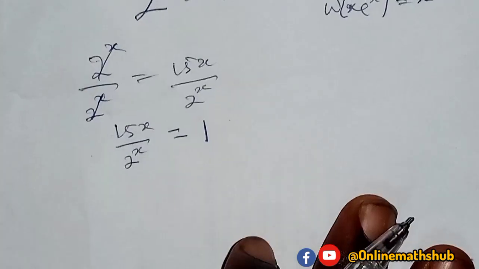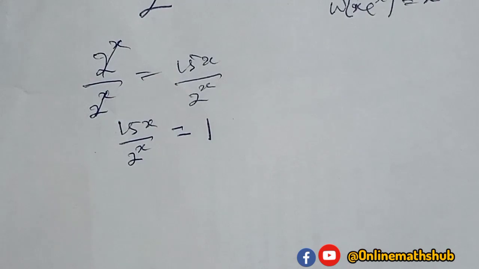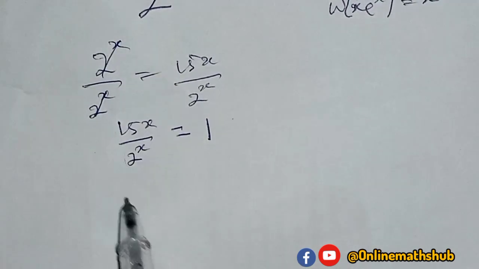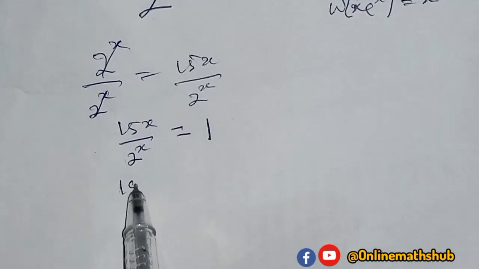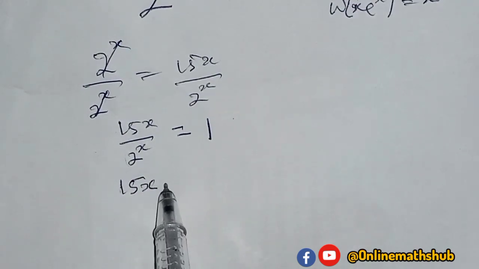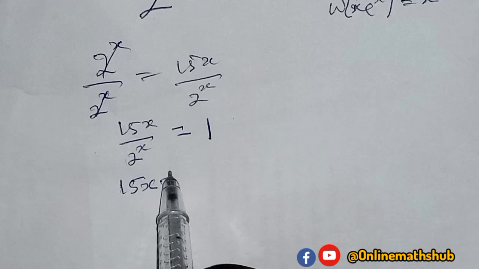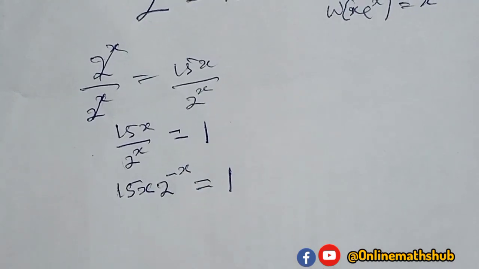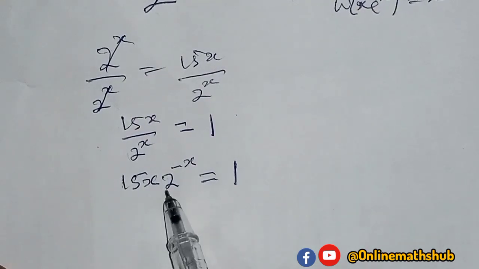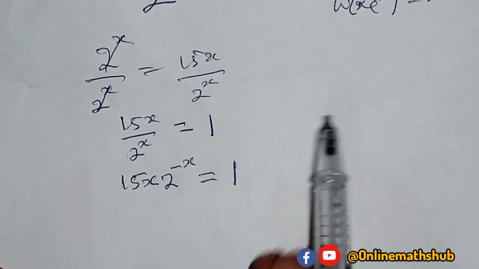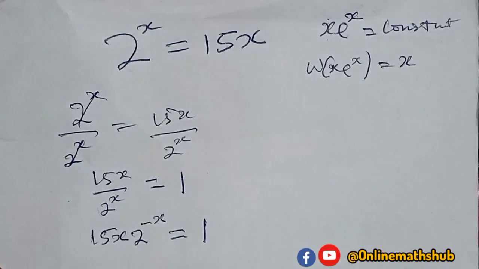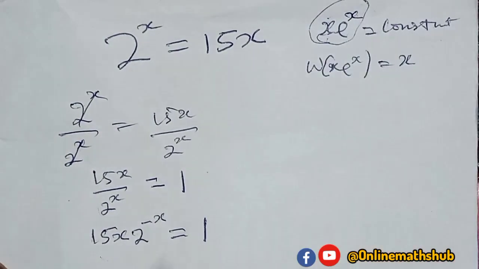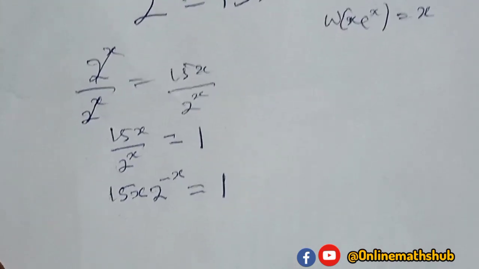So this is what I have right now. The next thing I want to do is move this up to the numerator, and then this will give me 15x multiplied by 2 raised to power minus x, and it is equal to 1. Okay, so at this point, don't forget, the goal is I want to keep evaluating this function until I have something like this so that I can apply the Lambert W function.